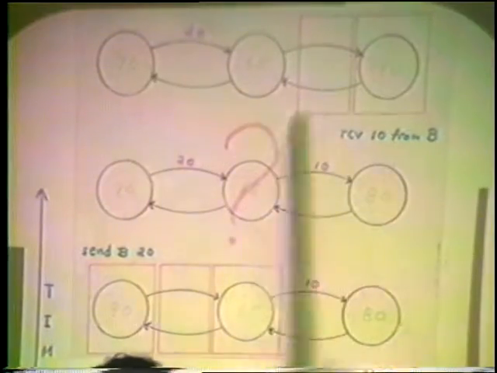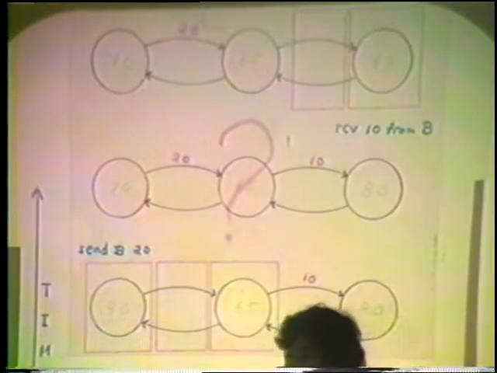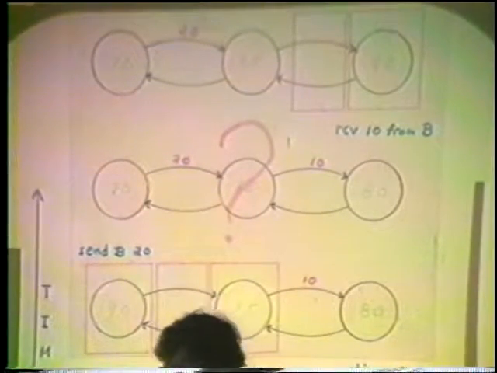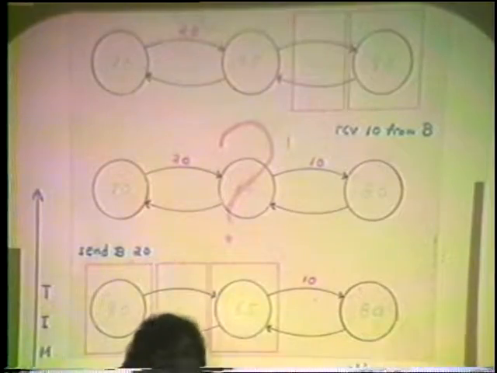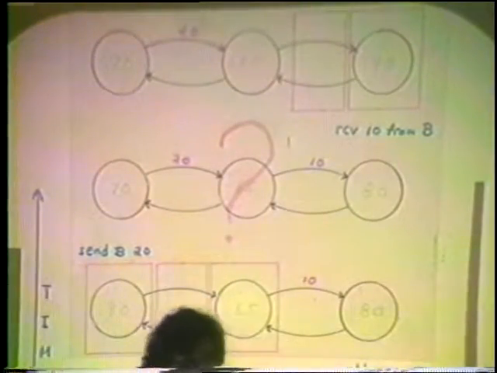So this snapshot shows exactly what you would have seen had those 2 events happened in the opposite order, and the snapshot was taken from the moon after the receive 10 from B, but before the send 20 to B event.